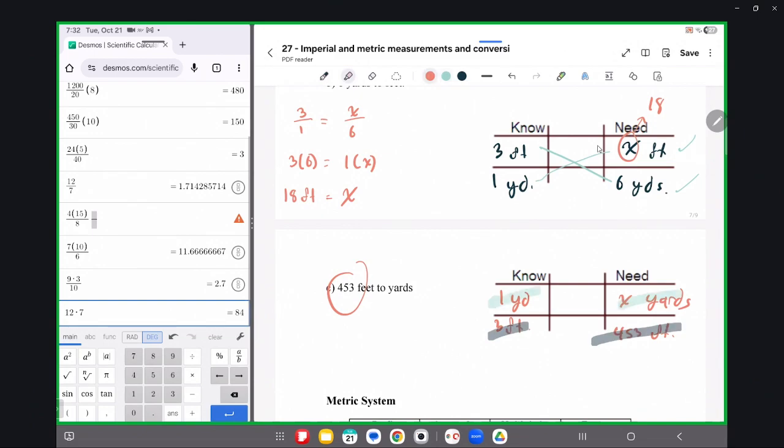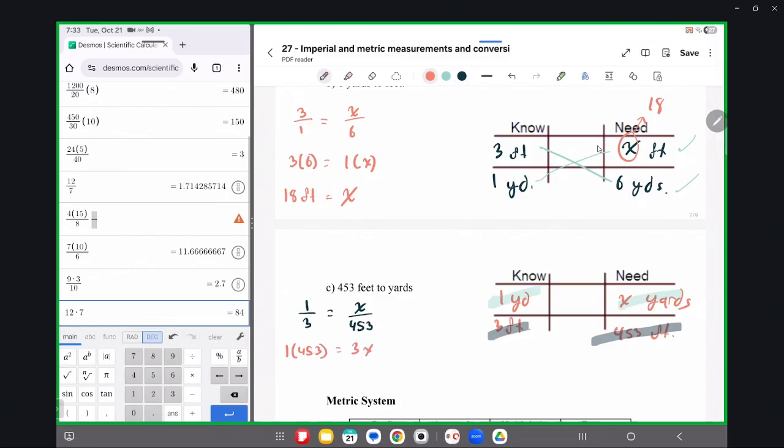Okay, so setting up our ratio we're going to have 1 over 3 is equal to x over 453. So using the means and the extremes, we end up having 1 times 453 is equal to 3x.